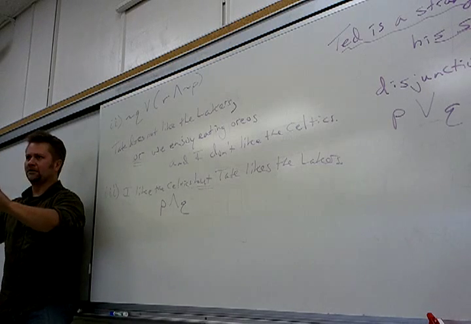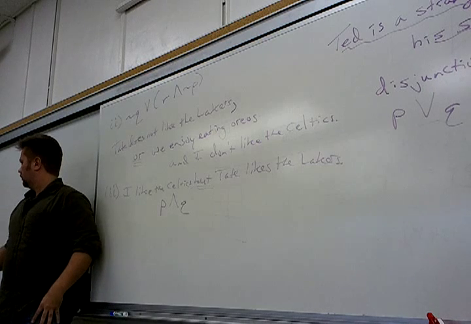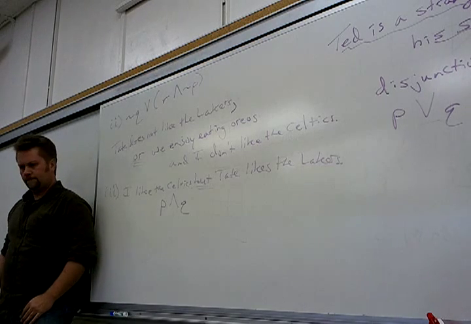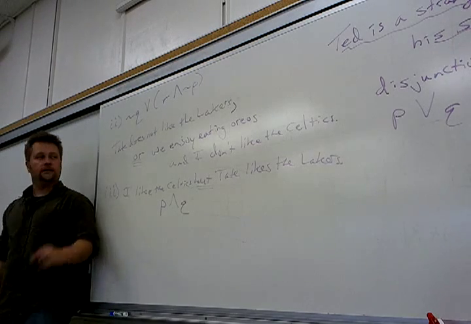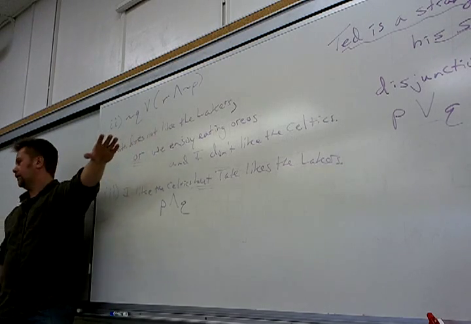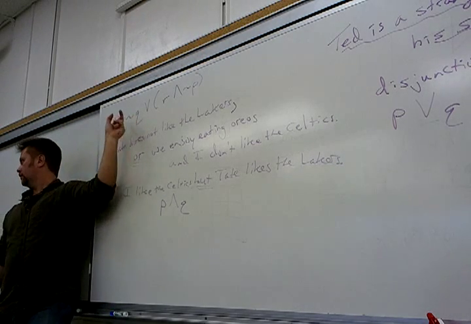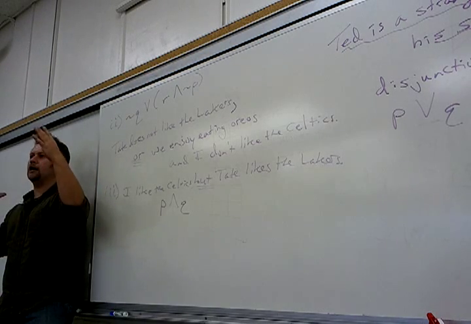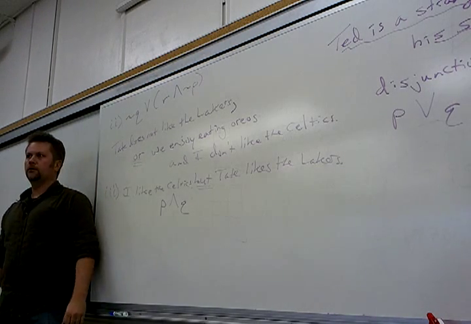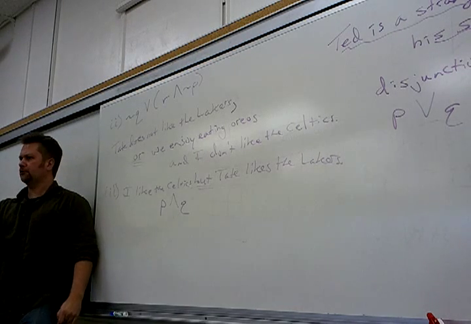How we doing? So make sure you guys are decently okay out there. So if it's, you don't like Oreo cookies, that's 2 symbols because you have the negation. Yes, the negation of Tate likes the Lakers is Tate does not like the Lakers. So I have that explicit negation in there. So it's officially a compound statement. So anything with not in it is. Anything that requires more than one symbol to write.